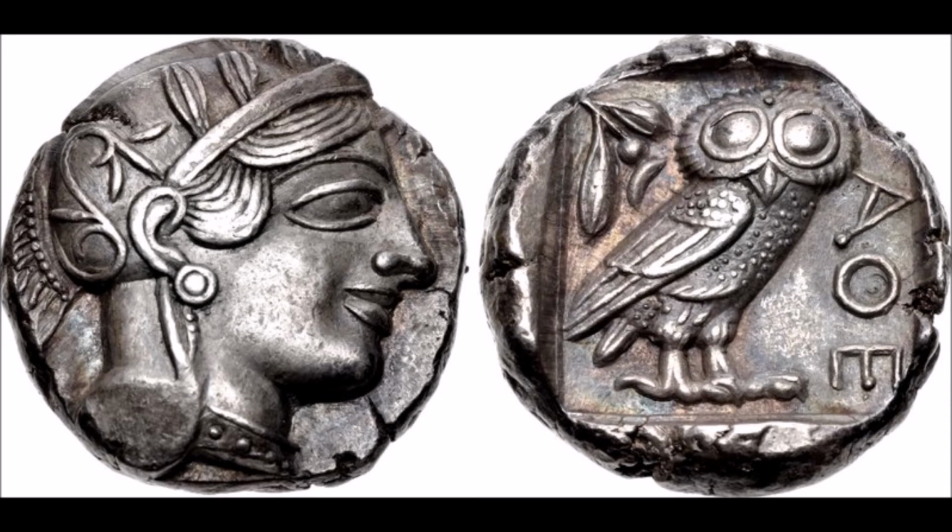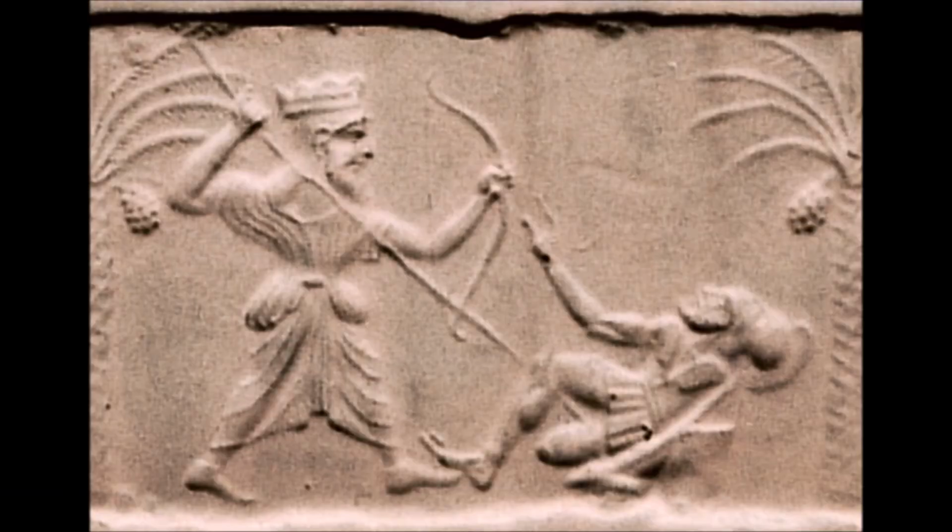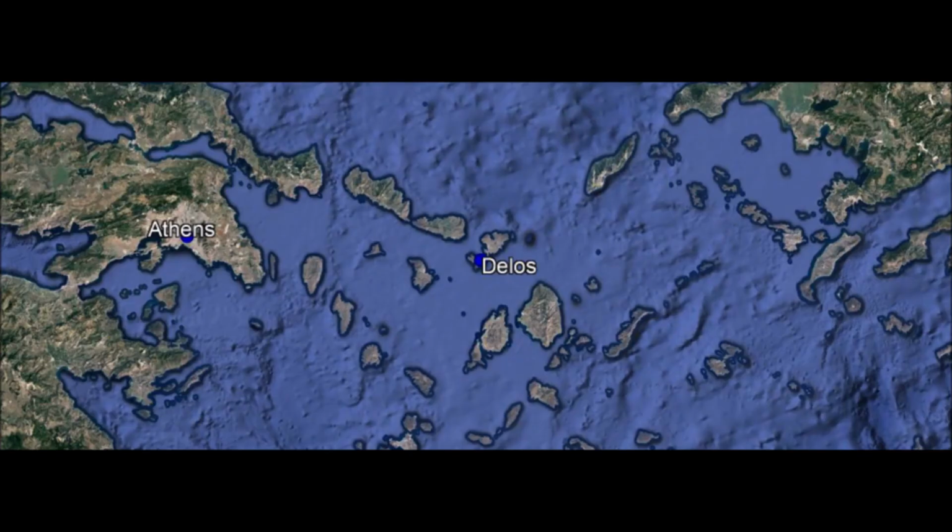Further battles were fought against the Persians, and the most famous is the Battle of Eurymedon in 469 or 466 BC. Yet at some point, the Athenians took control of the Delian League. In 454 BC, they moved the treasury from its neutral location on Delos to Athens itself.